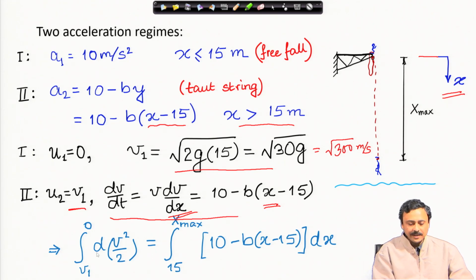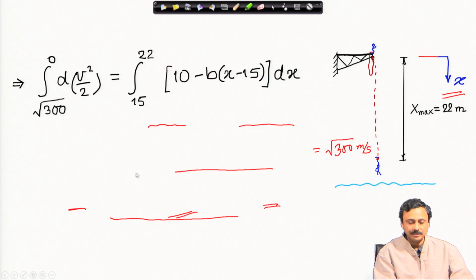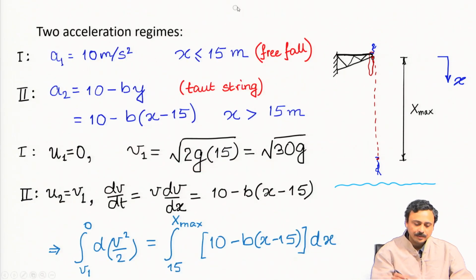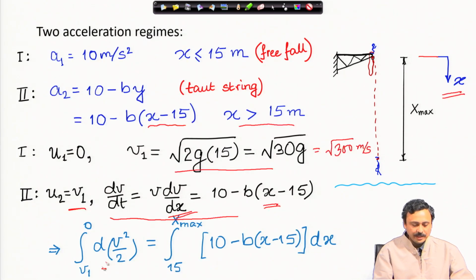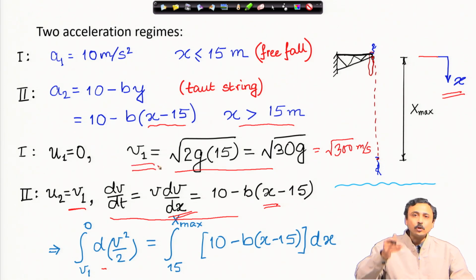So, on the left hand side I have d of v square by 2 integrated from v1, which is the initial velocity at the start of the restrained jump. So, v1 was the velocity which is given here, and the jumper goes up to 0 velocity.